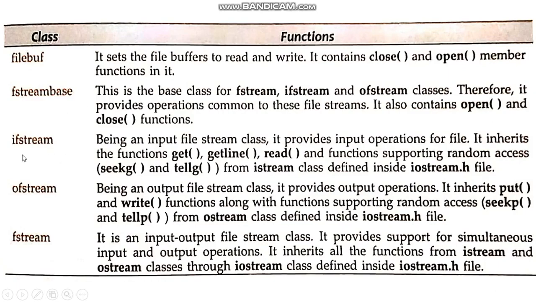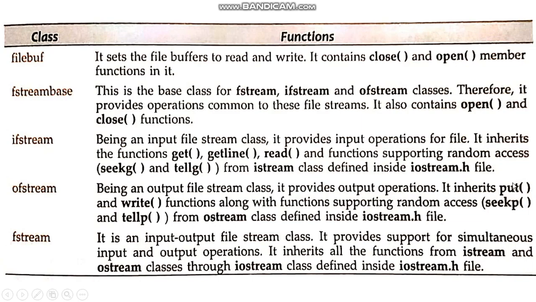From that the important ones are ifstream. It says that being an input file stream class, it provides input operation for a file and its functions are getline and read. The second one is ofstream. Being an output file stream class, it provides the output operation.